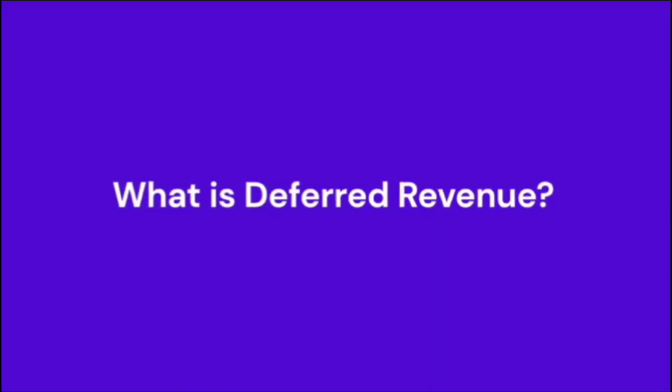What is deferred revenue? Deferred revenue is when customers pay for a product or service that they haven't received yet. Instead of recording the funds as revenue, it's added to the balance sheet as deferred revenue. When you deliver the product or service, you can then record it as actual revenue. Deferred revenue is also classed as a liability on your balance sheet. If you're unable to deliver what the customer has paid for, you may owe the money back.